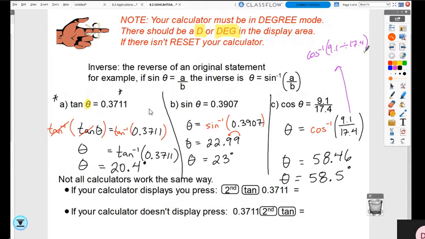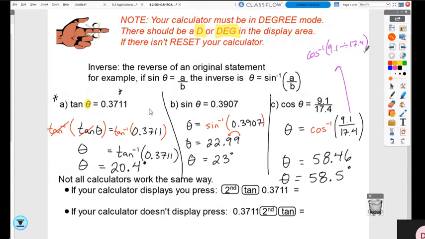Now, for your calculator, you've got to type it in a little differently. So we have to do 9.1 divided by 17.4, then do the second function of cos. Yeah. So it's shift. See the shift button here? You press that, and then it's close.